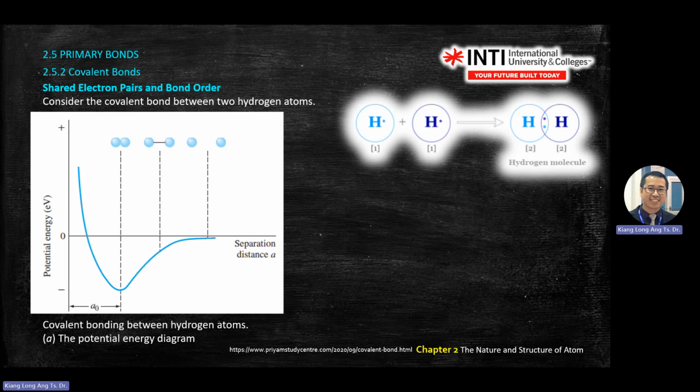If you're not familiar with this one, go back to examples 5 and 6 of the previous class. We discussed how to calculate the force and energy. So same, if you pull them away, the potential energy will decrease and become flat.